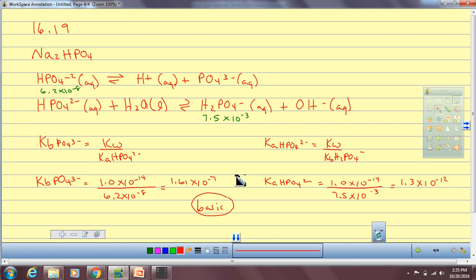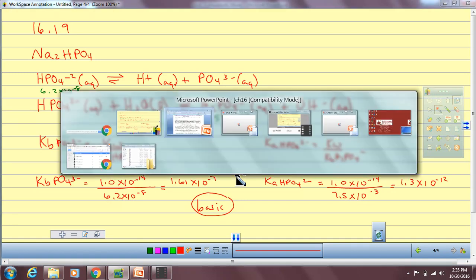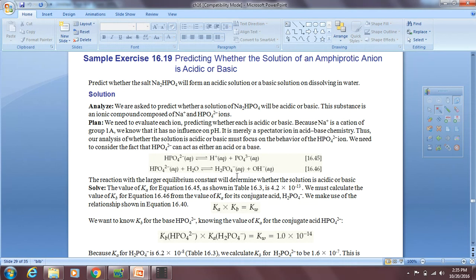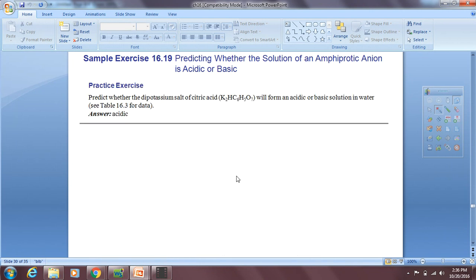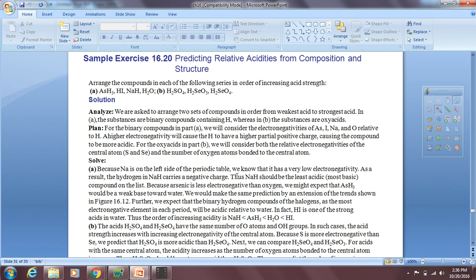And then our final sample problem, sample exercise 16.20, is on page 702. Arrange the compounds in each of the following series in order of increasing acid strength.